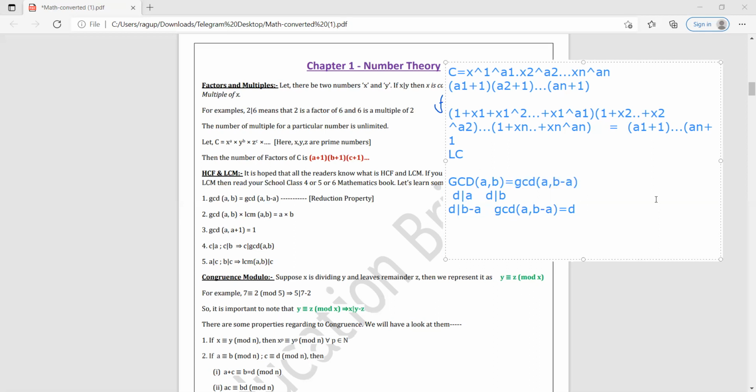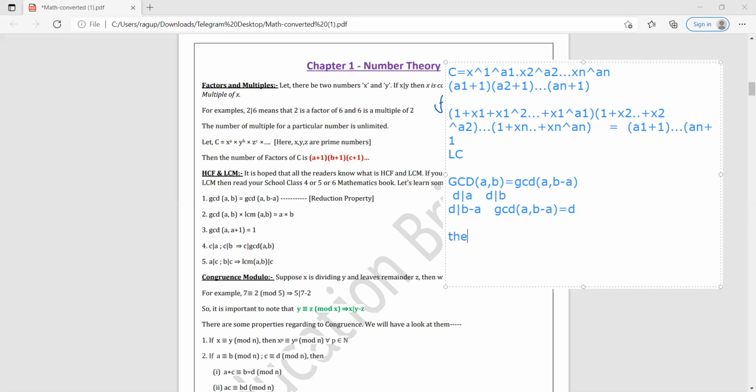But let's say that there exists a GCD, so we'll do this by contradiction. So let's say there exists a common divisor greater than D that divides both.